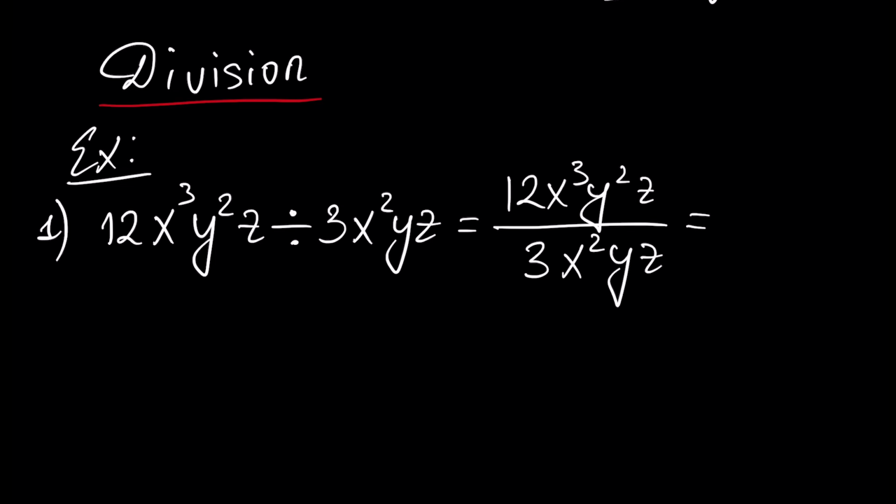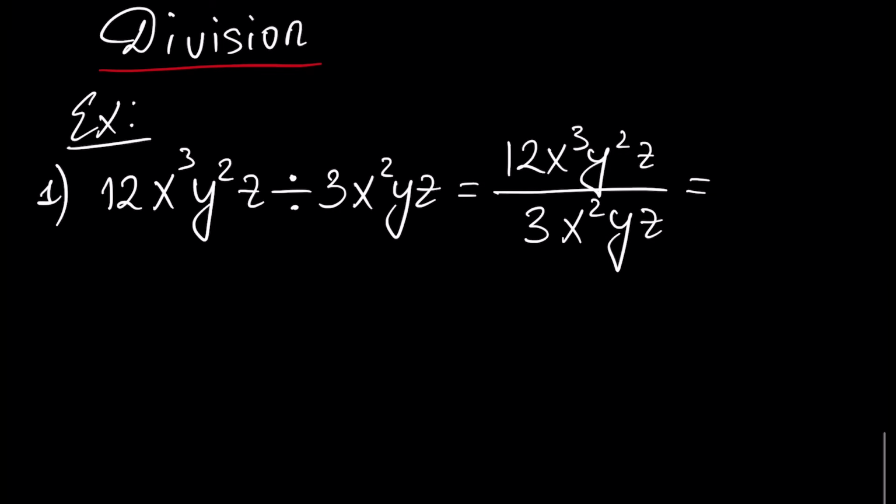And as I defined division of monomials, if dividend and divisor contain certain powers of the same letters, we perform a division. Of course, coefficients are divided, so 12 divided by 3 is 4.